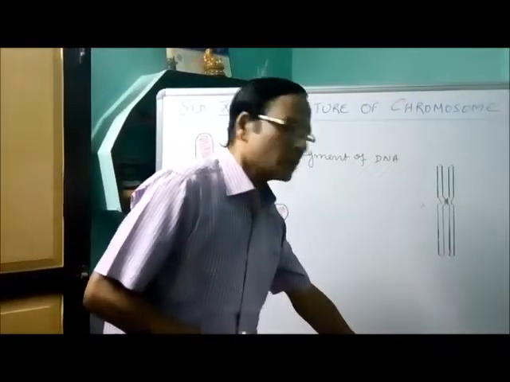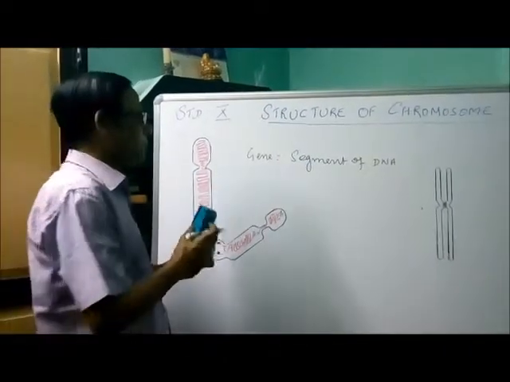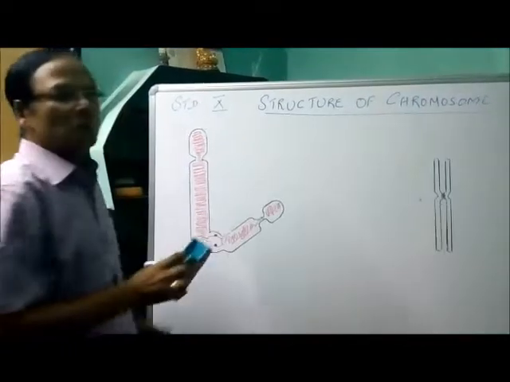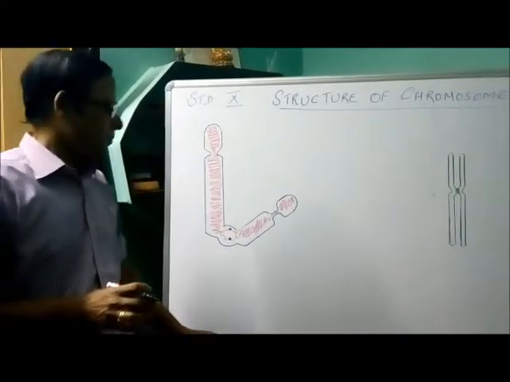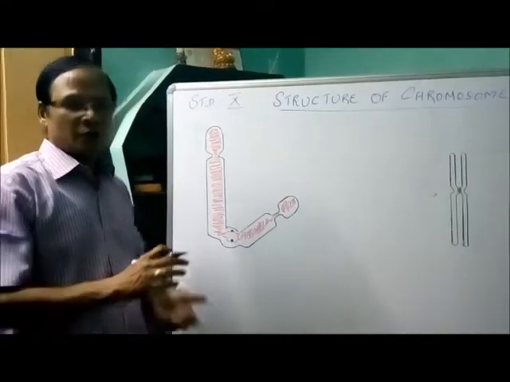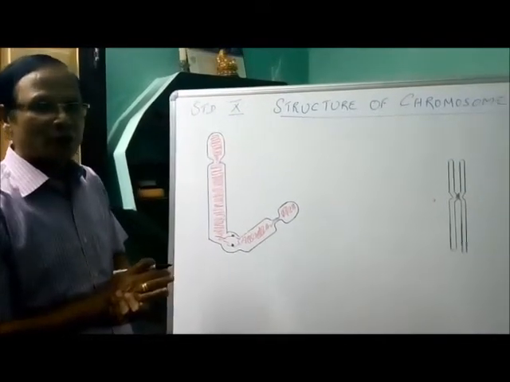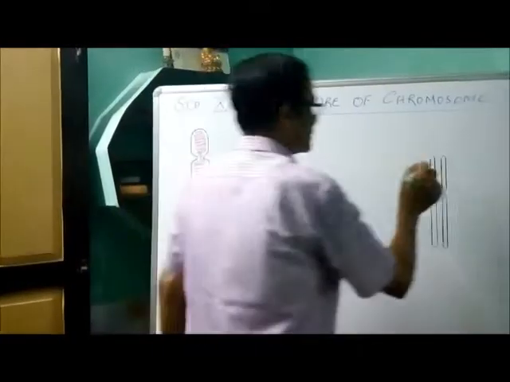If you take a chromosome, particularly at prophase, it is a thin, long, thread-like structure formed of two symmetrical units, two similar units called chromatids.